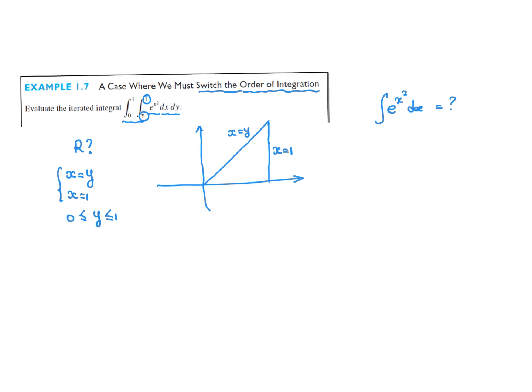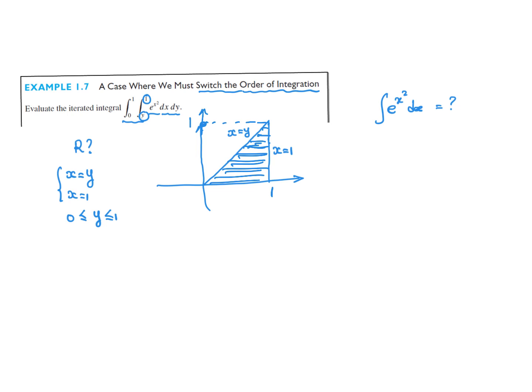So in fact the region R is basically this triangle. This is what R is.